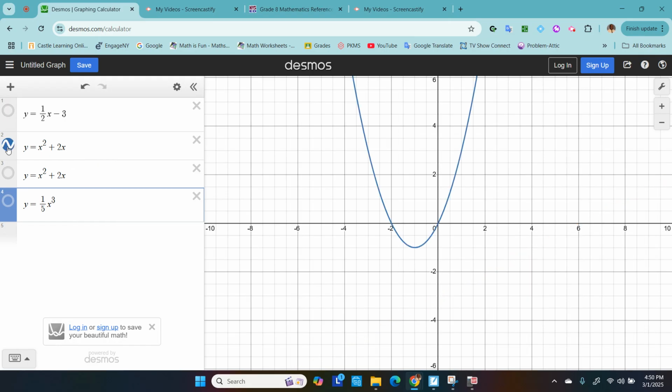So here was the second one. It had an exponent of 2. Notice this blue line is a U-shaped curve. It's a parabola. Well, let's look at this other one. And I notice it's the same. Let me go back and see what should it be.